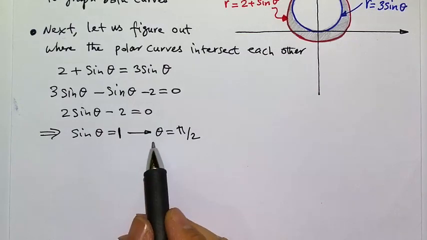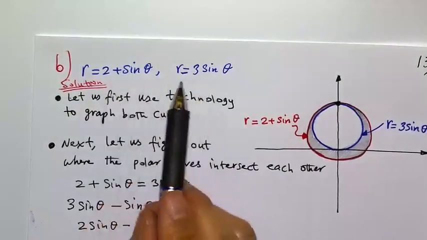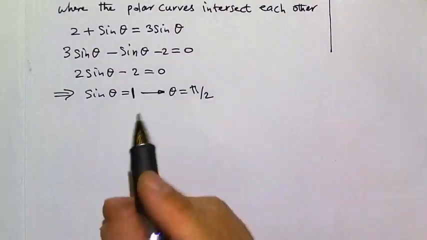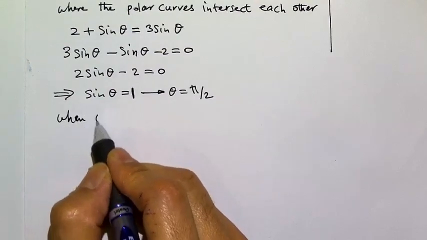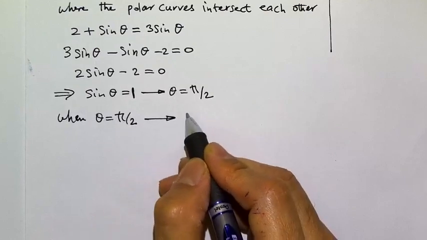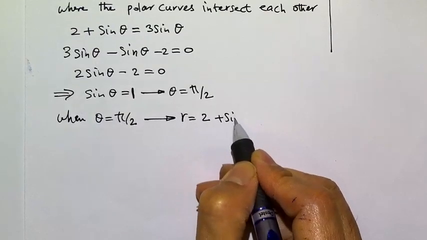And what do we get for r from any equation? It makes no difference which one we use. But what do we get for r when theta equals pi over 2? So when theta equals pi over 2, r equals 2 plus sine of pi over 2.